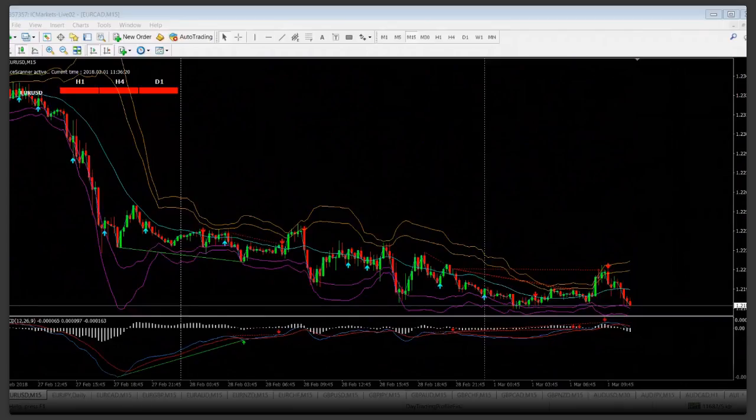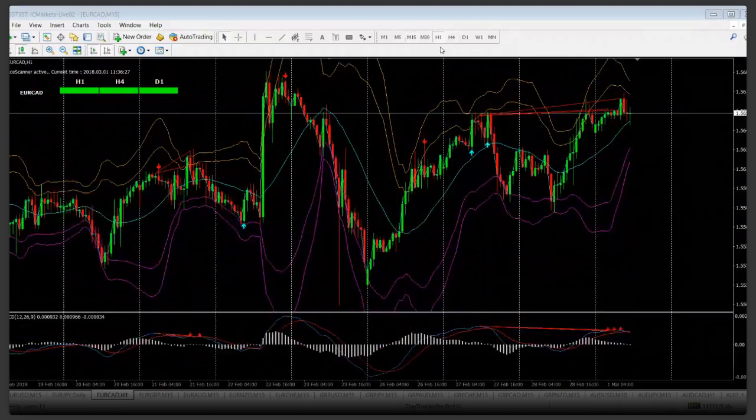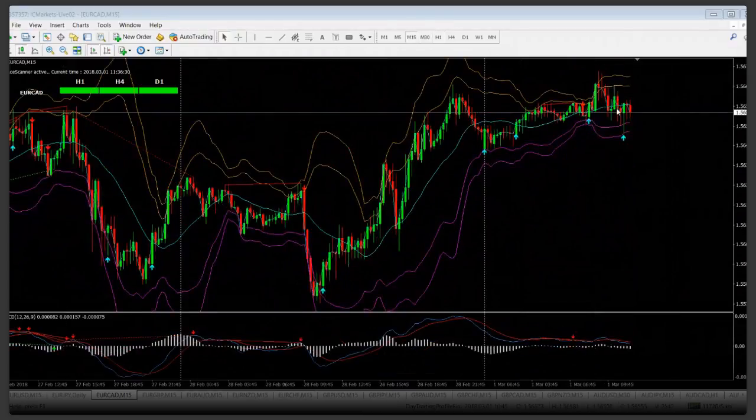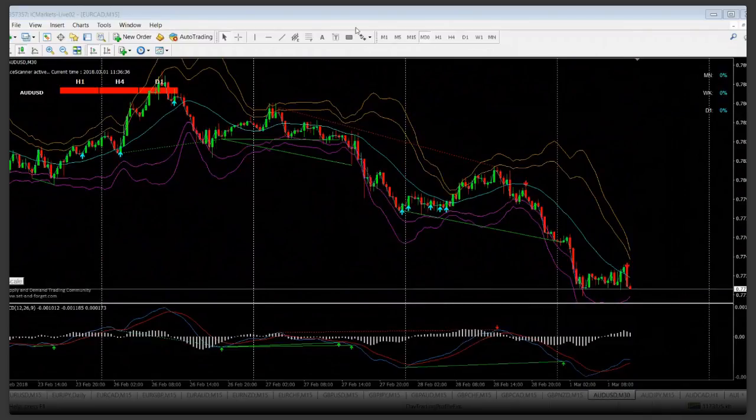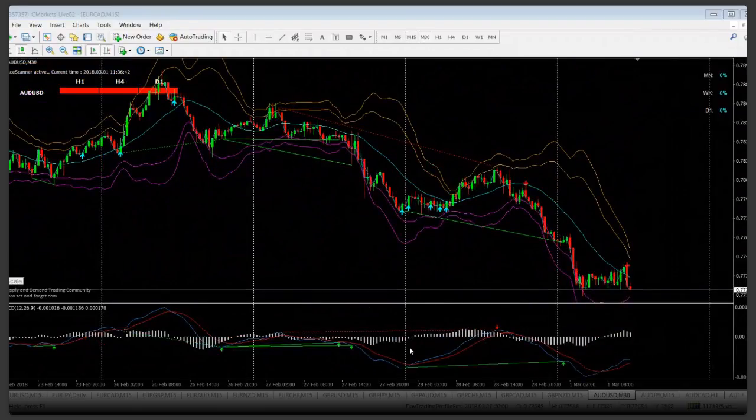Getting a 1-hour signal on the Euro CAD. It's gone, but we're already in this trade off this 15-minute signal here. Aussie USD. Guys, I'm going to take a signal on the Aussie off that 30-minute chart.